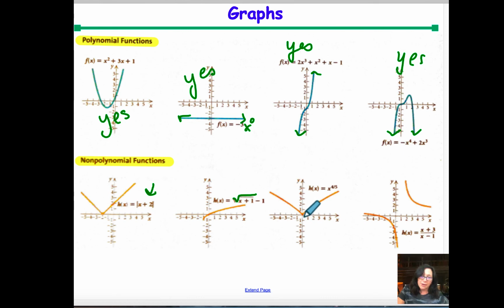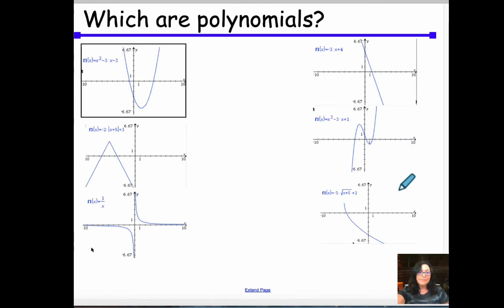This right here, not a polynomial. That's x to the 4th, 5th power, not a polynomial. And this one, definitely not a polynomial, because you can't have variables in the denominator of polynomials. And see those? Those are asymptotes, and that leaves a gap in between both parts of the graph.